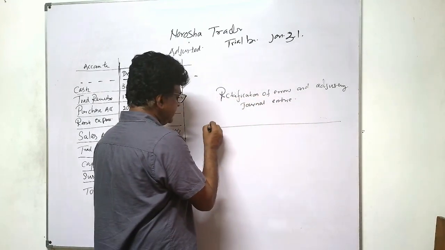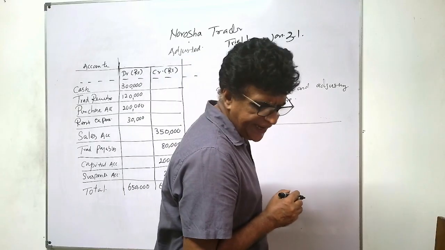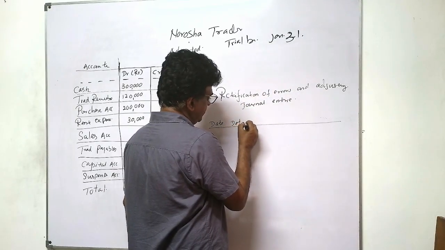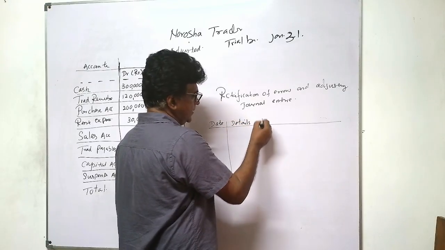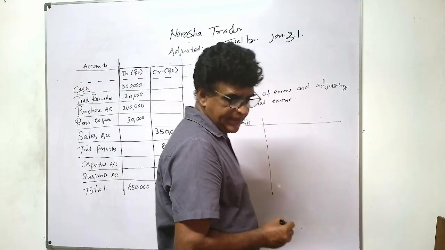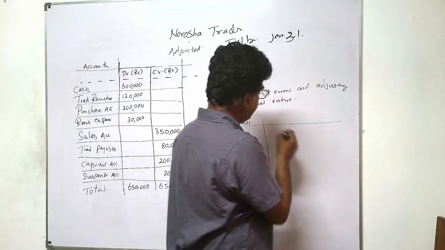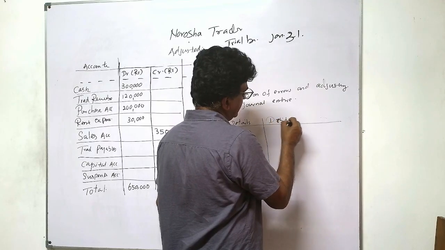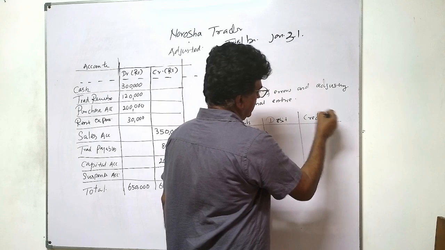Date. Details. And debit and credit columns.